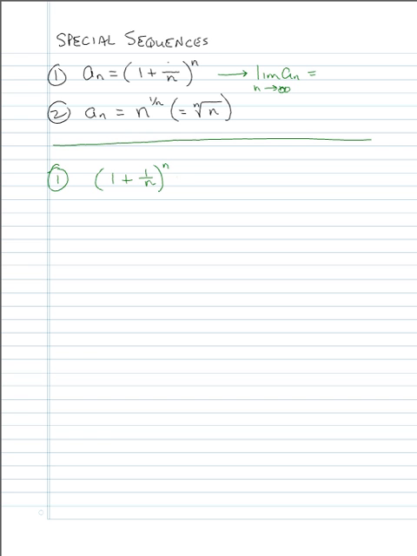Let's notice that from a property of logarithms and exponents together, this expression is actually e to the power of the natural log of 1 plus 1 over n to the power n.